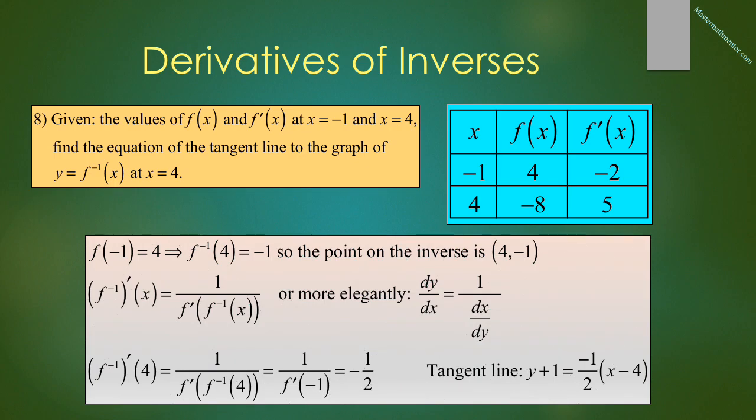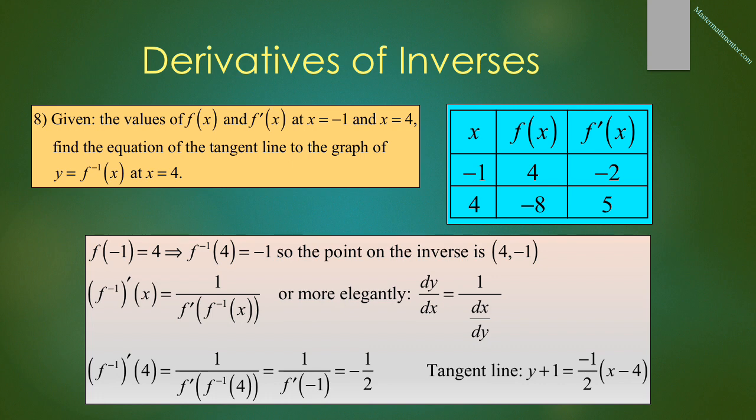To solve this, we see that we are not given any direct information about the inverse function. However, we do know that f of -1 is 4. So it follows that the inverse of f at 4 equals -1, meaning that the point on the inverse is (4, -1).